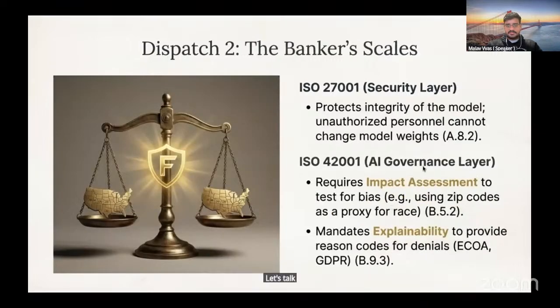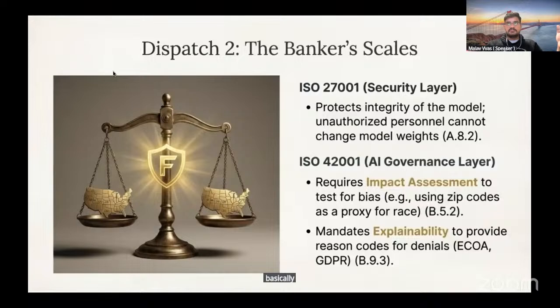Let's talk about the second scenario, the banker scale. So in the US, historically, there was a period of time where home loans were denied for a specific protected class of a group, right? Just based on race or zip code.